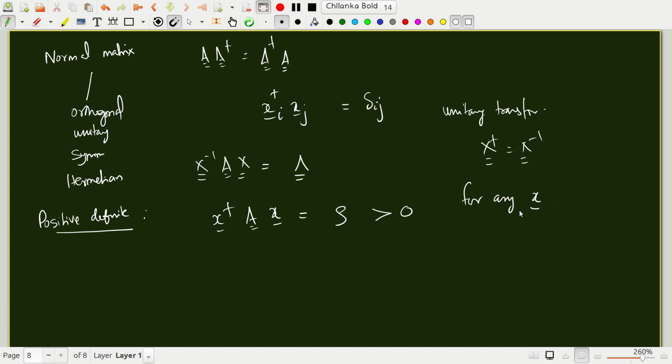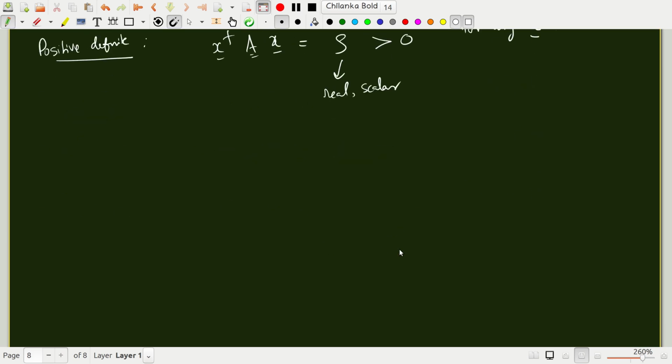Rho is a real scalar quantity because it's positive, and it's scalar because it's just a number. So rho is the same as rho star, it's real. That means that x dagger A x is the same as x dagger A dagger x, or A is equal to A dagger.